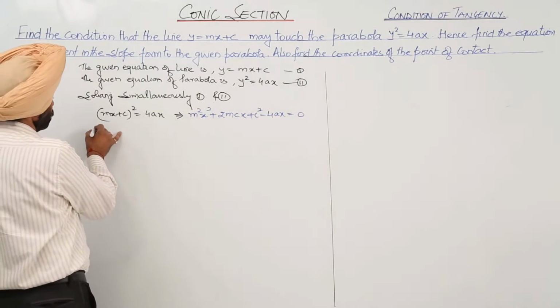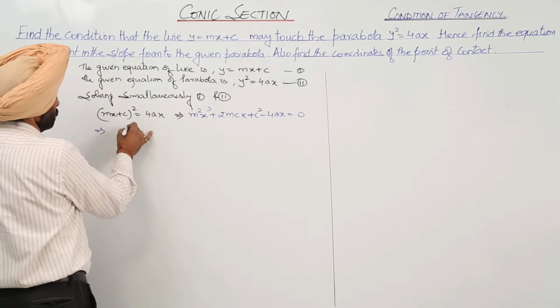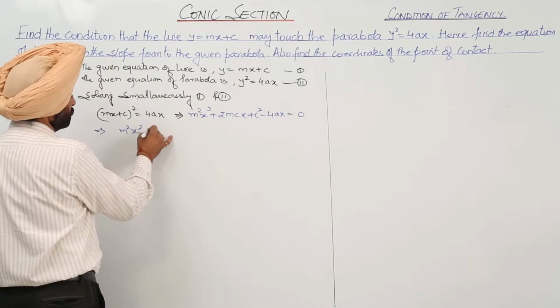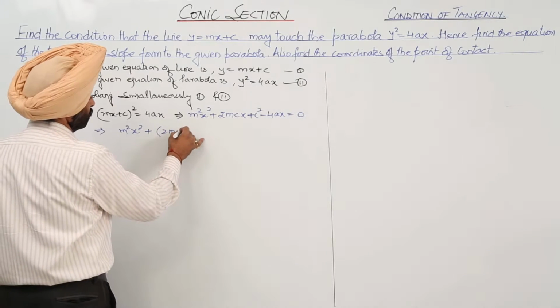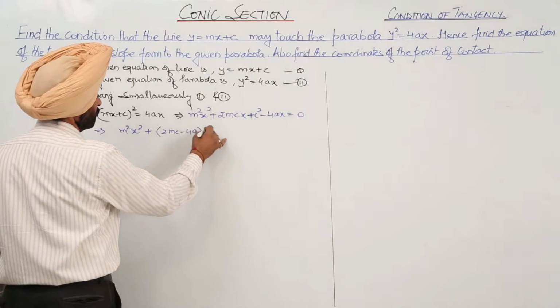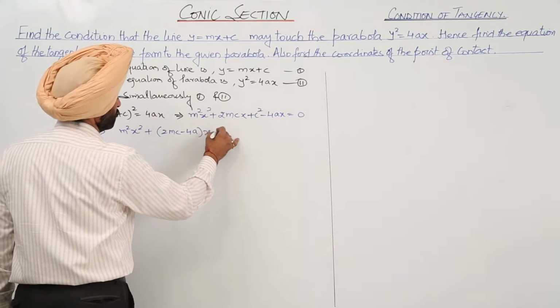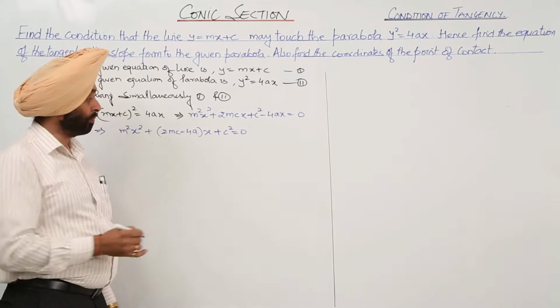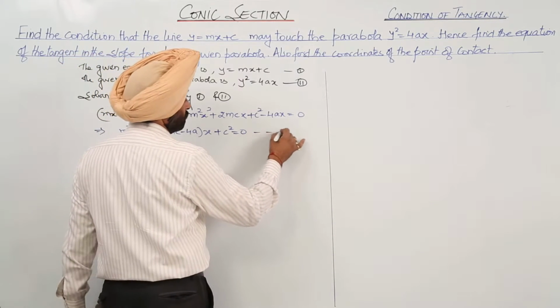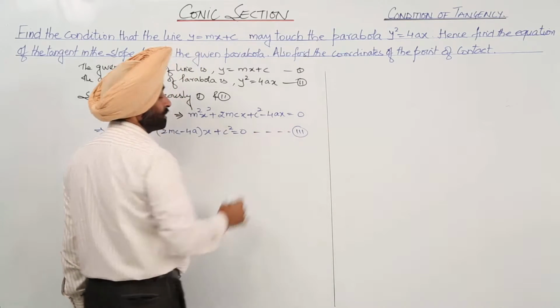Or we can write it as m square x square plus (2mc minus 4a) x plus c square is equal to 0. Now let this be the third equation.